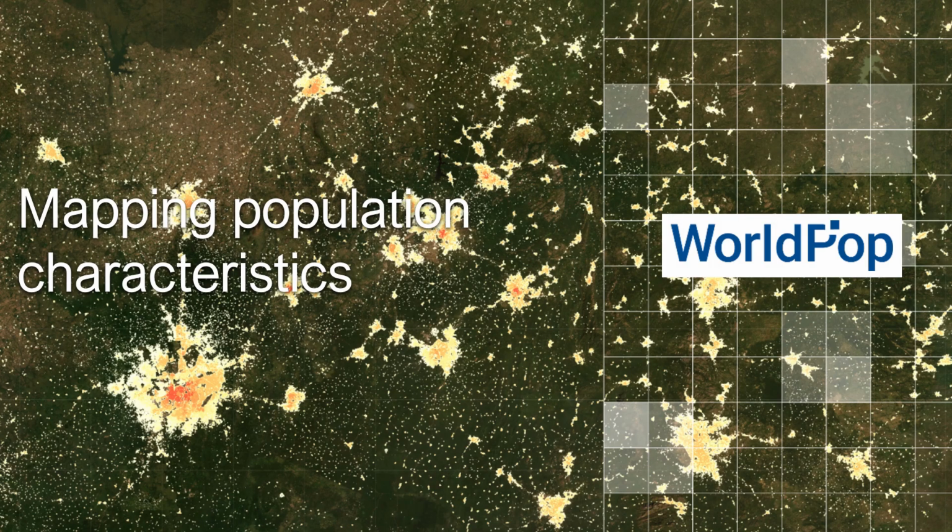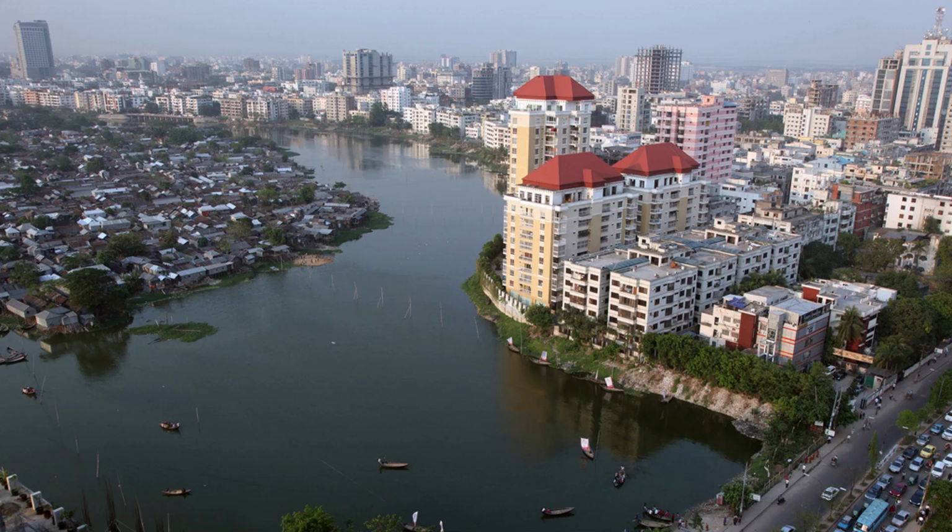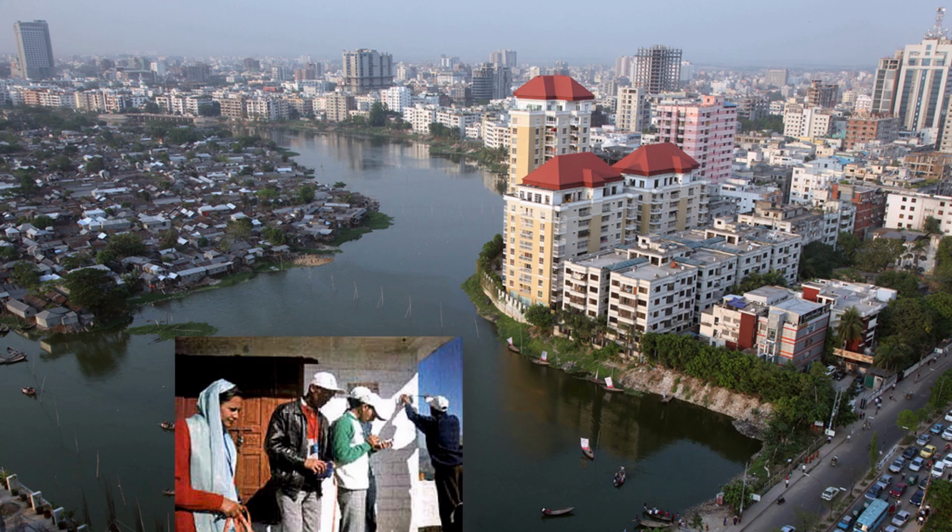So before I get to the dynamics, just the population characteristics. Going beyond just population counts and their age and sex structures, I think you're all familiar with the way that national household surveys are done, where you may have clusters that field teams go to and interview households from a selection of households in each one of those clusters.